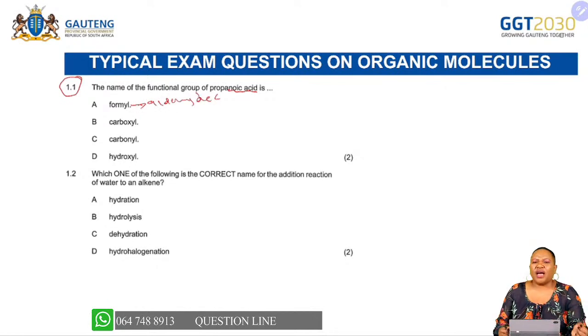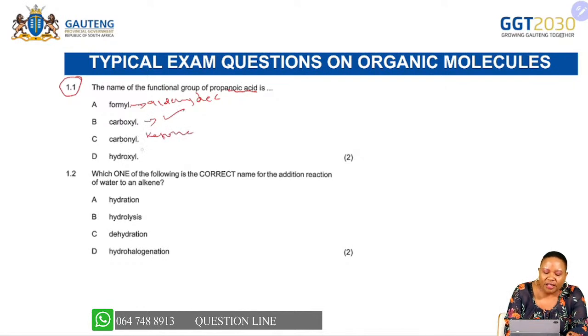It is incorrect for this specific question, but it can be correct for another question. Carboxyl group, okay, this one can be correct, because we know that propanoic acid is a carboxylic acid. Carbonyl is for the ketones, so it is incorrect, and hydroxyl is for the alcohols.